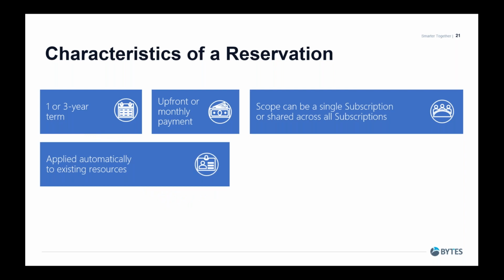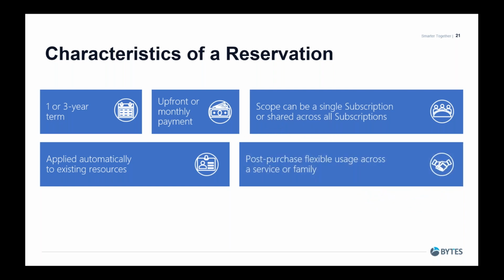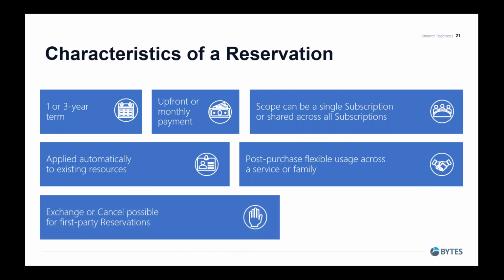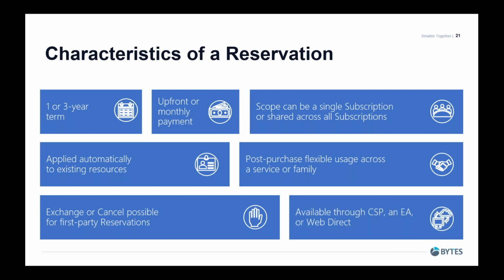So you'll purchase the RI, and then it will find the resource that's the same size and region, and automatically apply itself to that. It can be used across a service or family. Exchanges and cancellations are available, and they can be purchased via CSP, an enterprise agreement or server and cloud environment, or WebDirect.